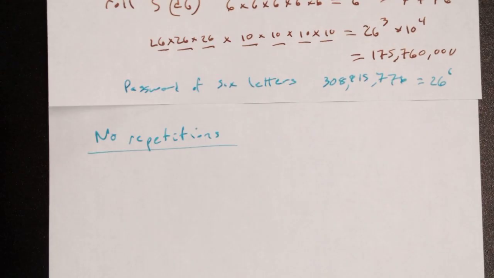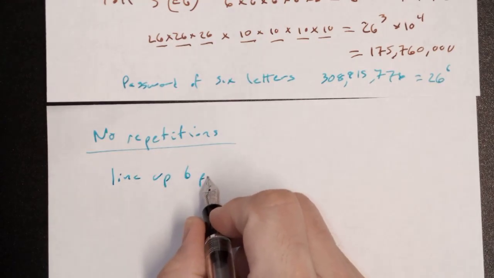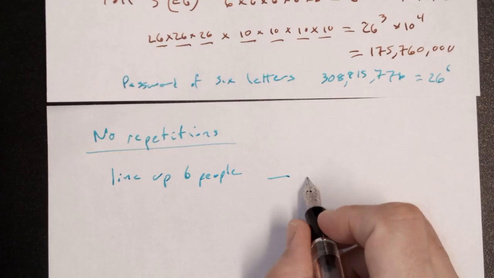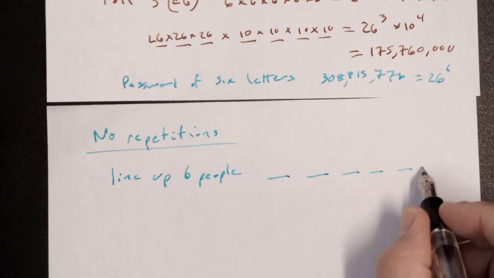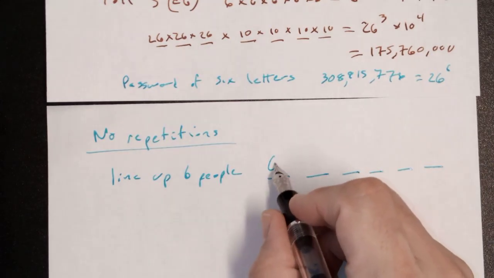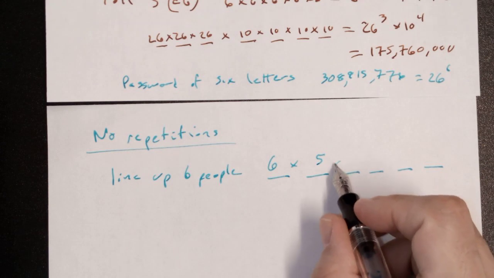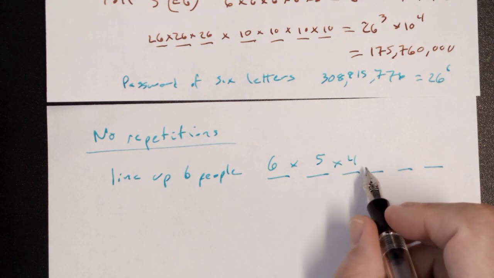I no longer have 6 choices because somebody's already standing. So we said there were 6 choices here. How many choices here? Because somebody's standing. Keep going.